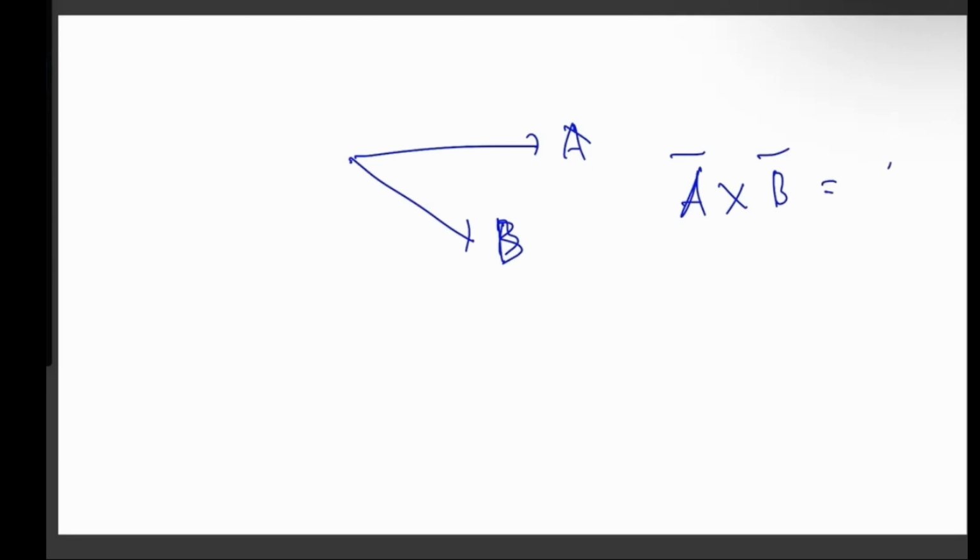Let's say we have vector A and vector B. A cross B will give a vector C. Vector C we can find using the right hand rule.